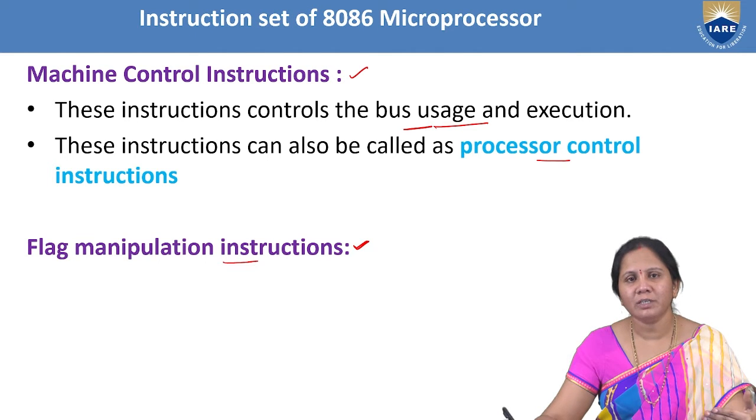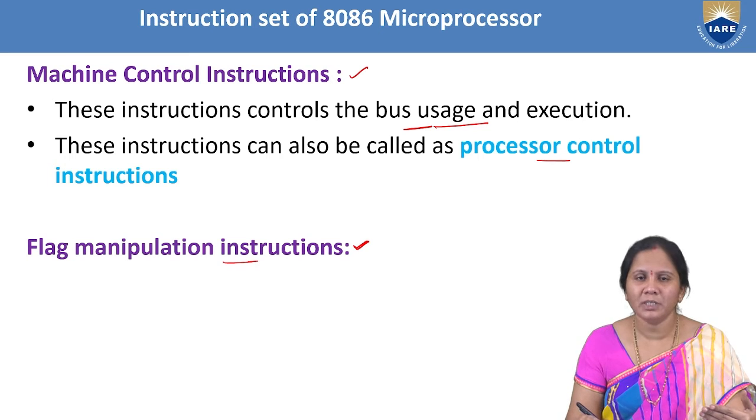Another flag related to flag manipulation is the carry flag. What instruction do we use to set the carry flag, and to clear the carry flag? All these instructions come under flag manipulation instructions. The carry flag comes under the conditional flags.